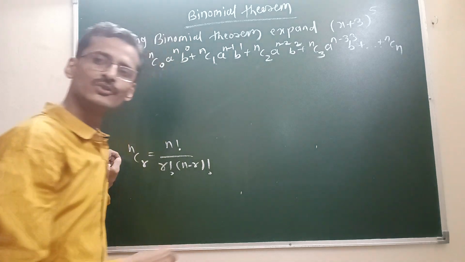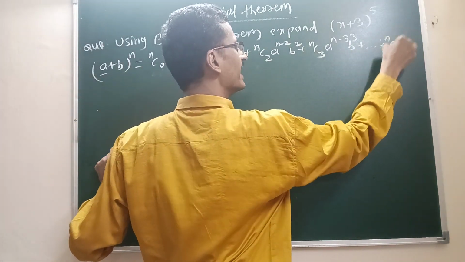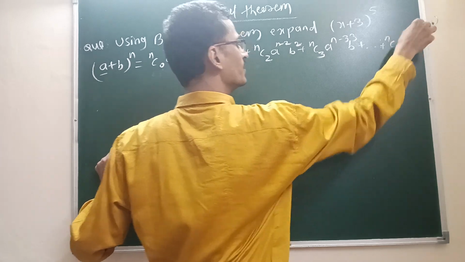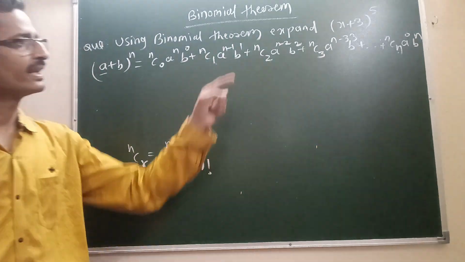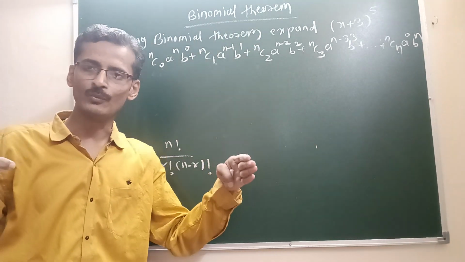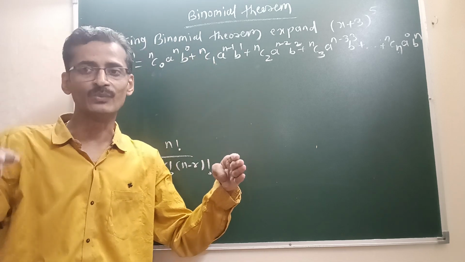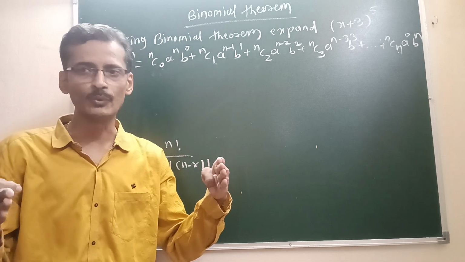Dot dot. So the last term nCn, how can we write? a raised to n minus n, b raised to n. Again a raised to 0 is 1. And always by Pascal's triangle, we know the first term is 1, the last term is 1. So nC0 and nCn are equal to 1.